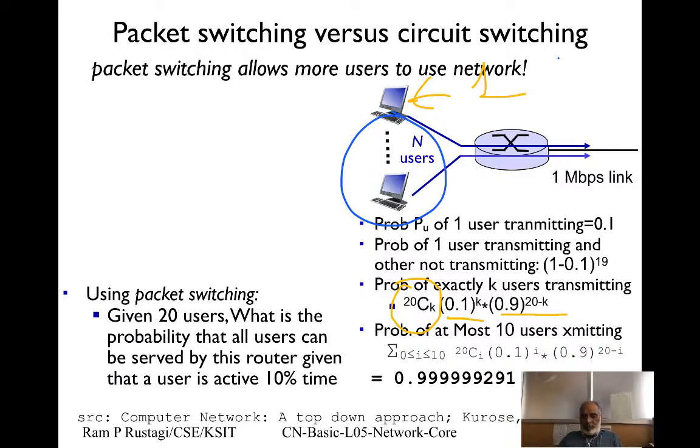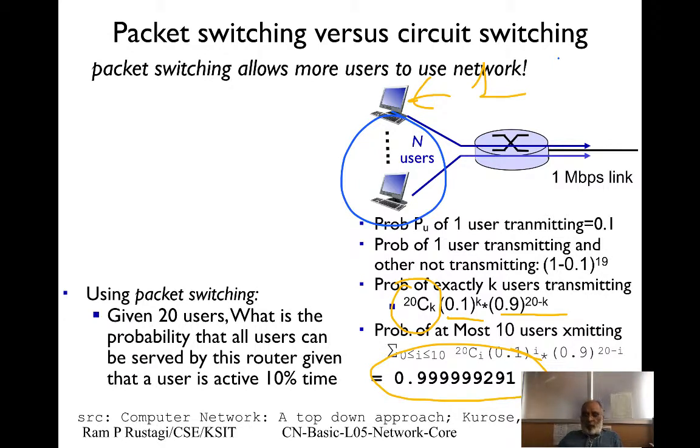When we sum up, the value comes to 0.99999291. That means in a given case, all 20 users are very unlikely to transmit simultaneously. So the probability of success with 20 users is very, very high.